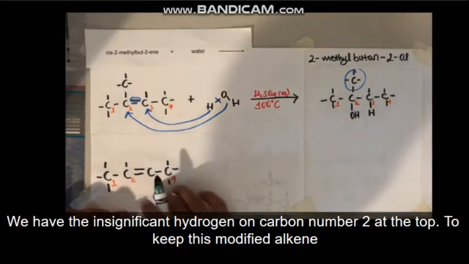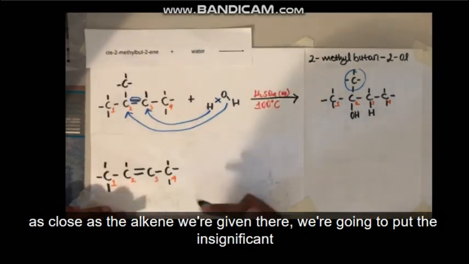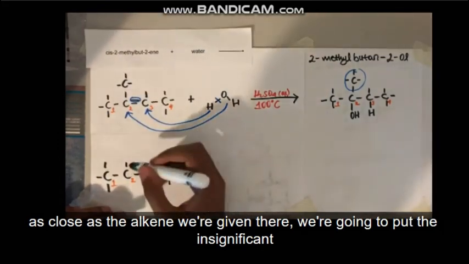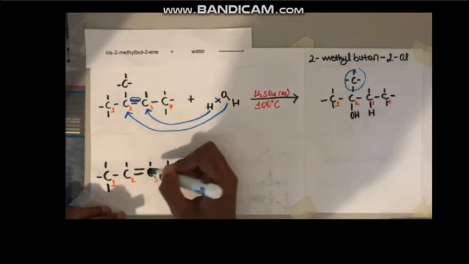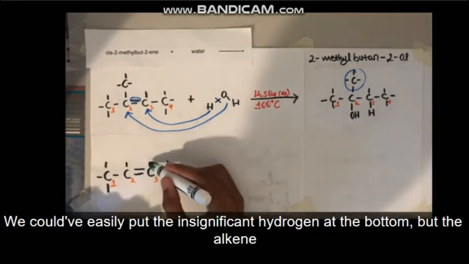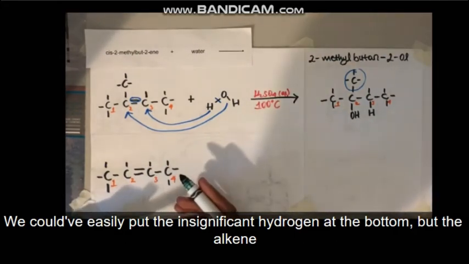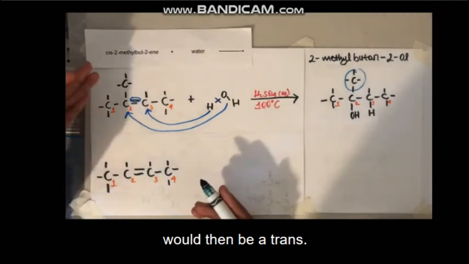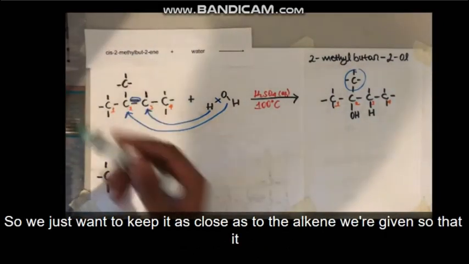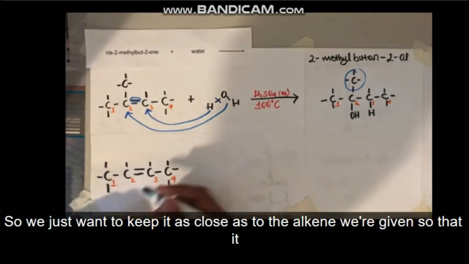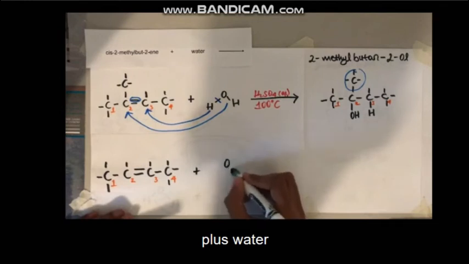To keep this modified alkene as close as possible to the alkene we're given there, we're going to put the insignificant hydrogen at the top. We could have easily put the insignificant hydrogen at the bottom, but the alkene would then be a trans. So we just want to keep it as close as possible to the alkene we're given, so that it is a cis, plus water.